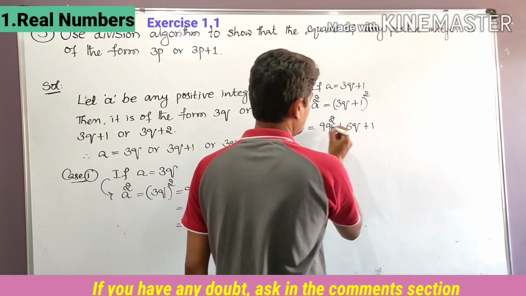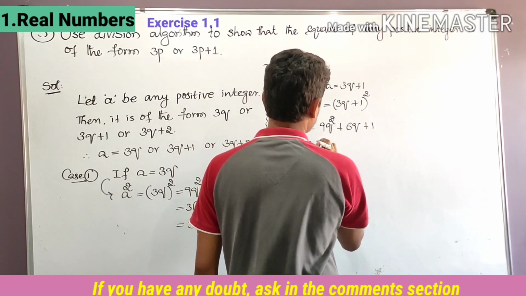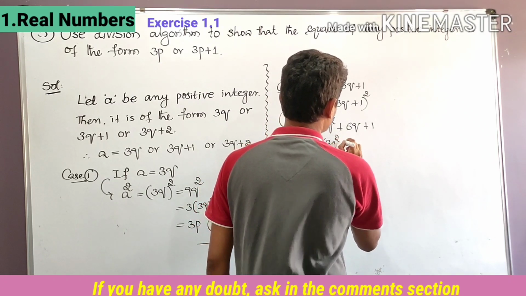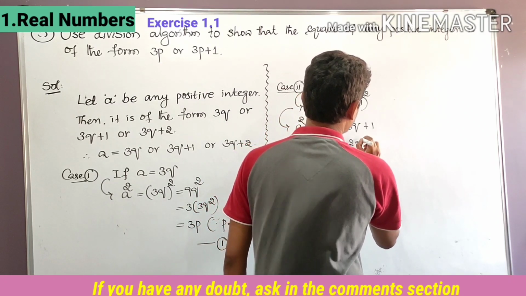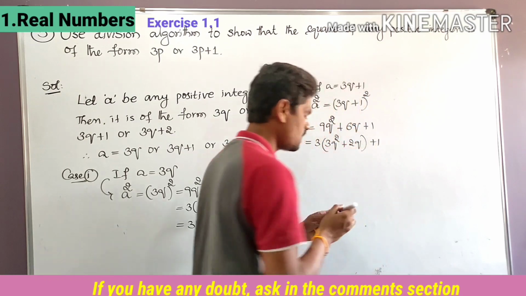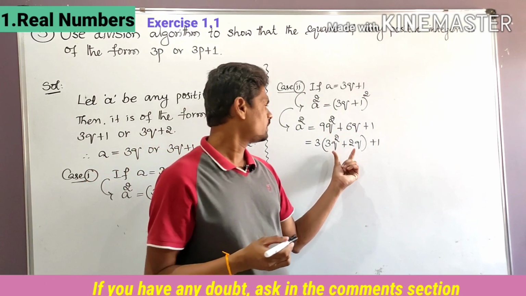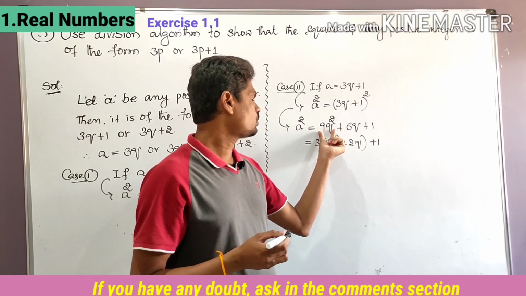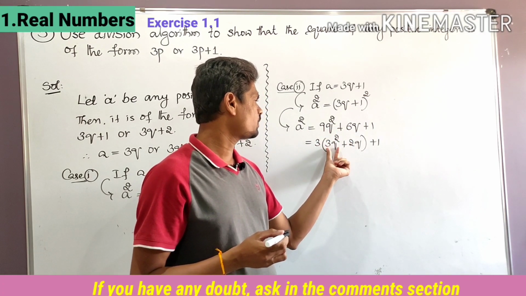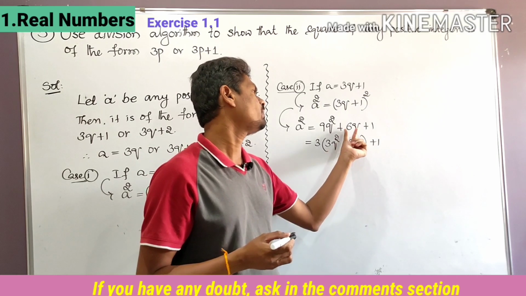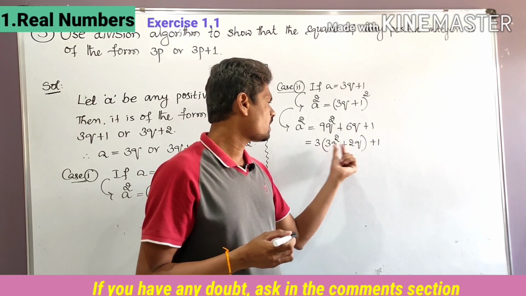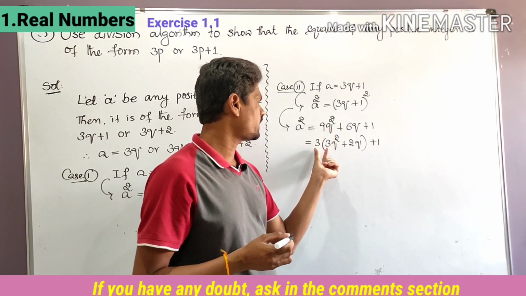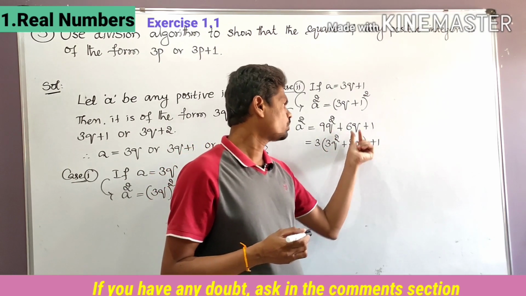Now in these two terms 3 is common, student. Taking 3 as common, in the first term we get 3q square, in the second term we get 2q, plus 1 as usual. If you multiply again, 3 into 3q square is 9q square, and 3 into 2q is 6q.